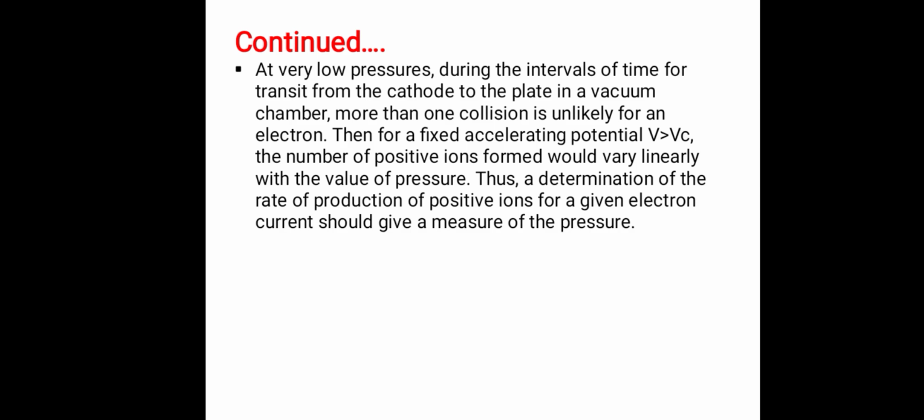As the potential increases beyond the critical voltage, the pressure value also varies linearly with the applied potential. Thus, a determination of the rate of production of positive ions for a given electron current should give a measure of pressure. Okay, this is a very important point.